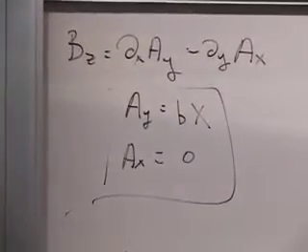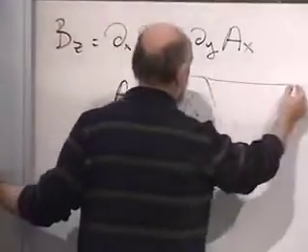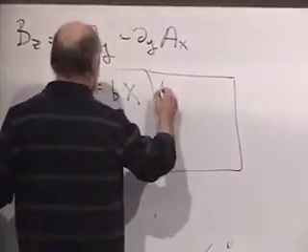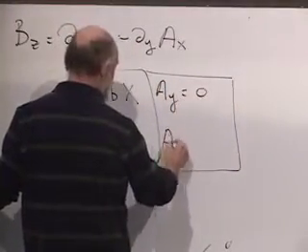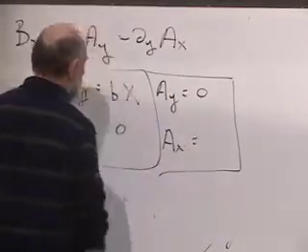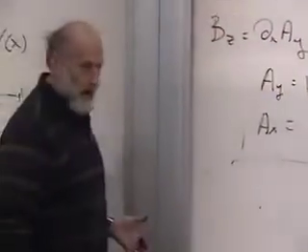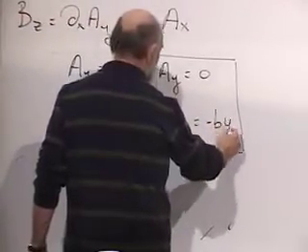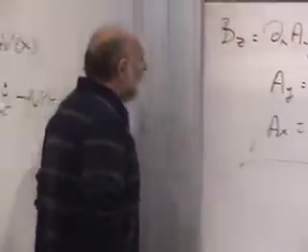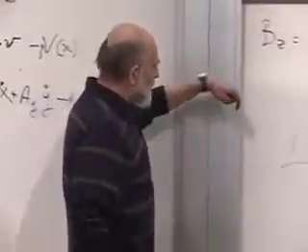Here's another one. Ay equals 0, and Ax, anybody want to guess? Minus b times y. Just check it.